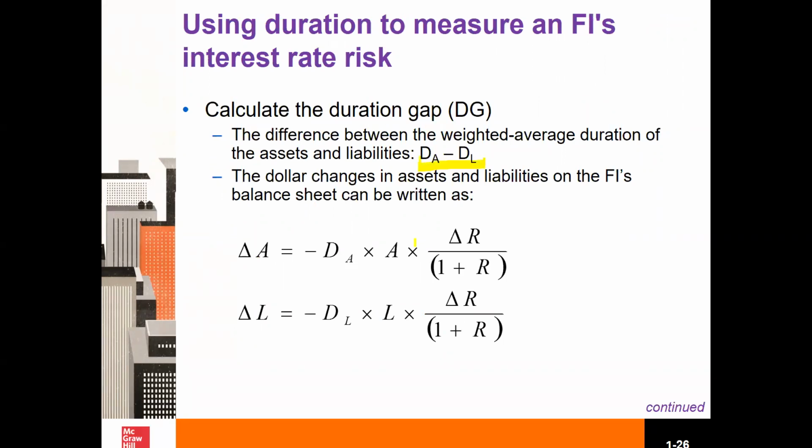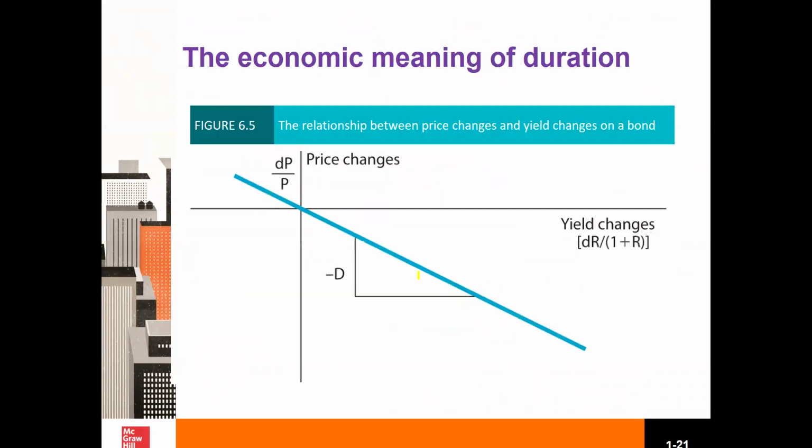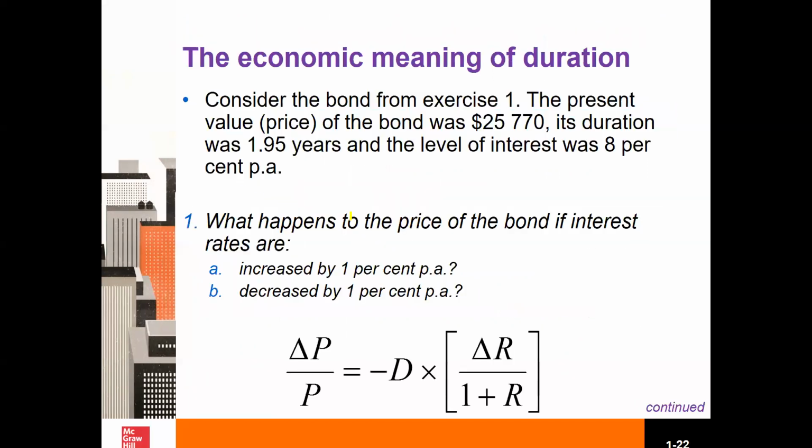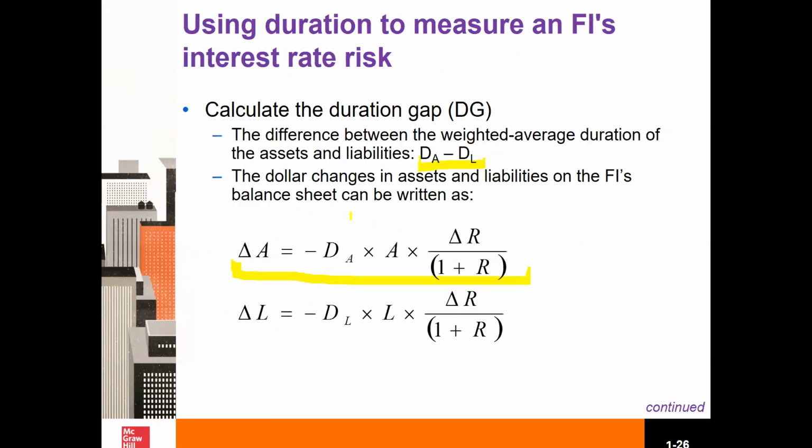Now, the change in asset and liability values for a given change in interest rate can be written using this equation. Remember that this equation is nothing new. You can remember an equation we have seen earlier. Here it is: price change divided by price is equal to negative duration times the interest rate change divided by 1 plus R. This equation is the same.